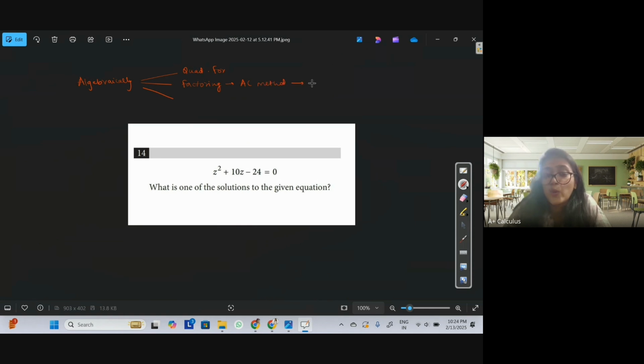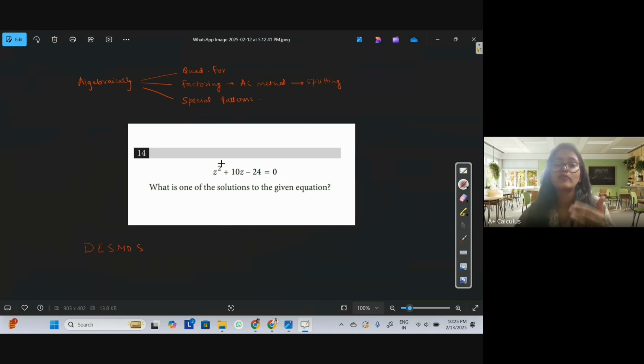It is also known as splitting the middle term. So if this method applies, you can solve the equation using this method. And another method is you can use special patterns.